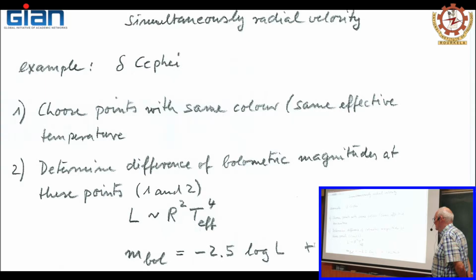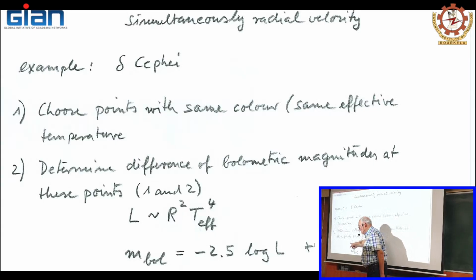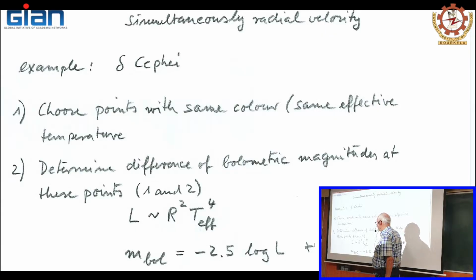If we have points of the same color, then we have points where the effective temperature is identical. And once we determine the difference or the ratio of the luminosity at these points, that means we determine the difference of bolometric magnitudes, then we can get hold of the ratio of the radii.